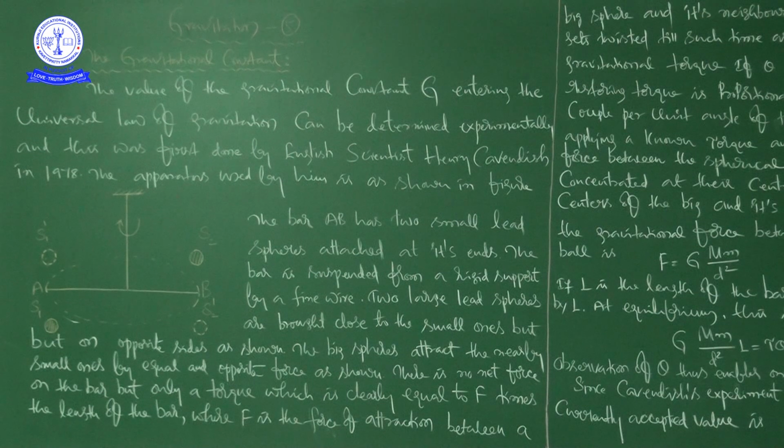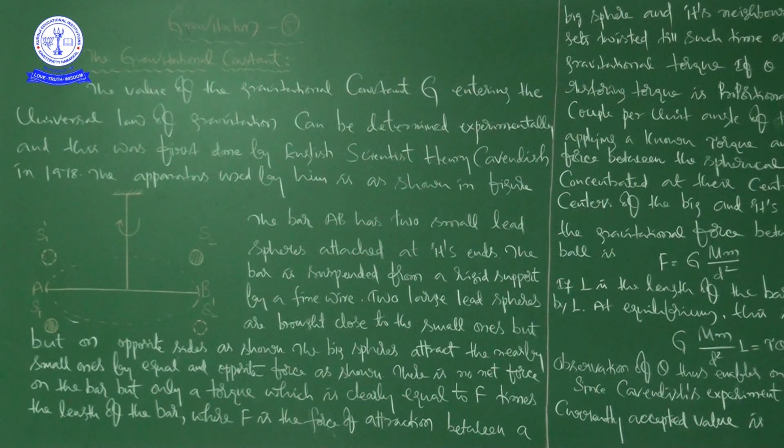So mathematically, F is directly proportional to m1 m2, and F is inversely proportional to r square, where small r is the distance between those two bodies in our discussion about the gravitational force. F is directly proportional to m1 m2, and F is directly proportional to 1 by r square.